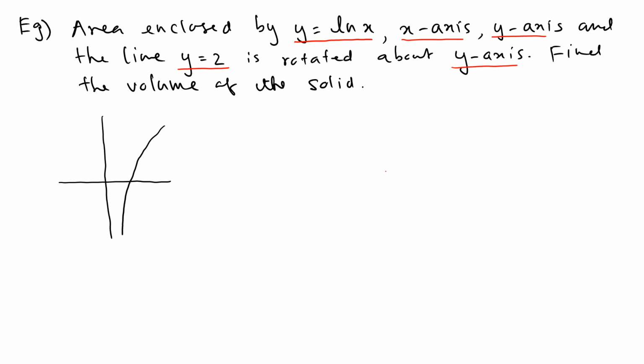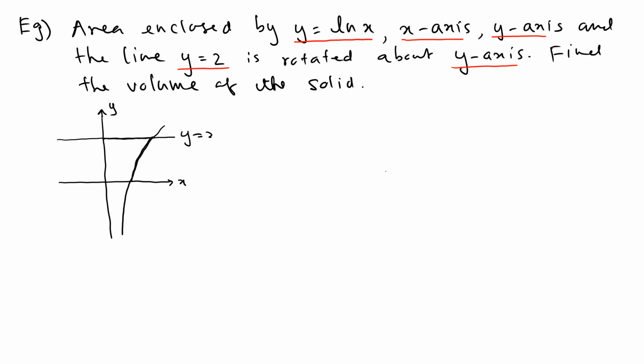We're going to rotate the region bounded by the x-axis, the y-axis, and the line y = 2. This is the line y = 2. This is the region they are talking about.